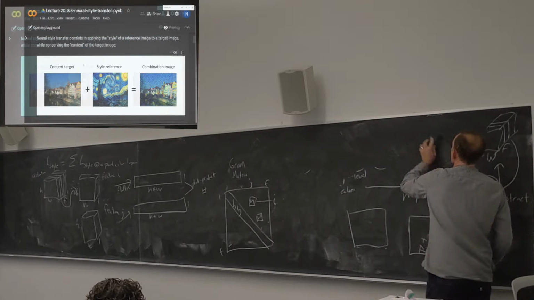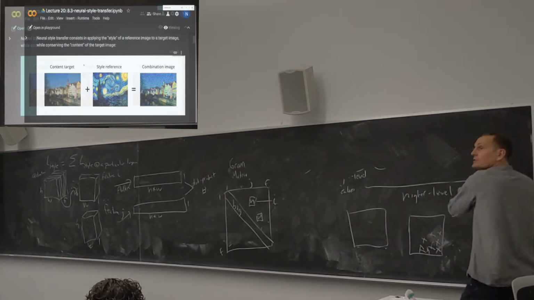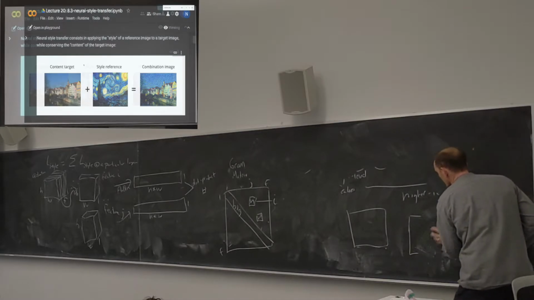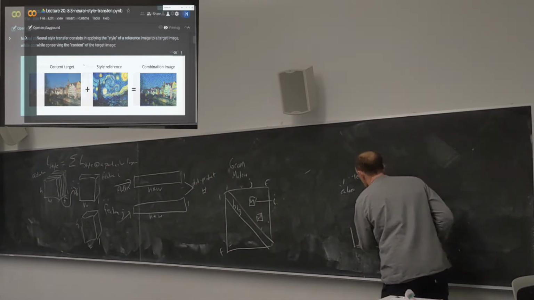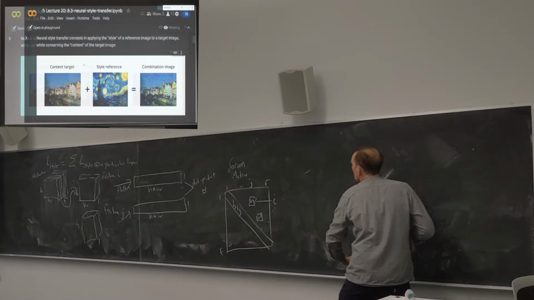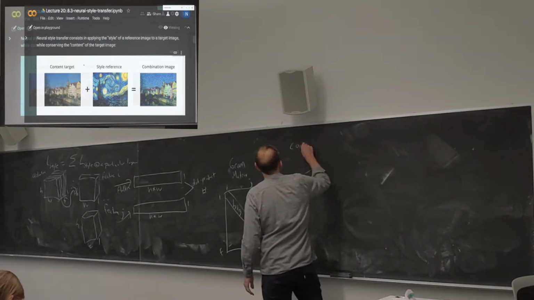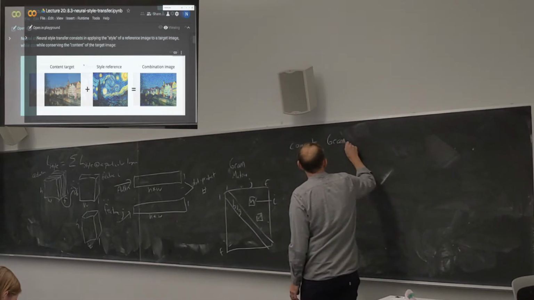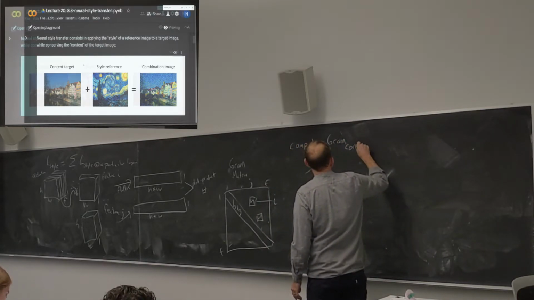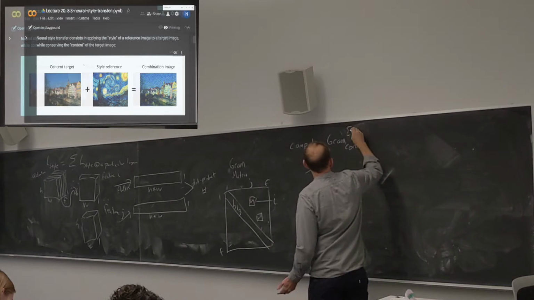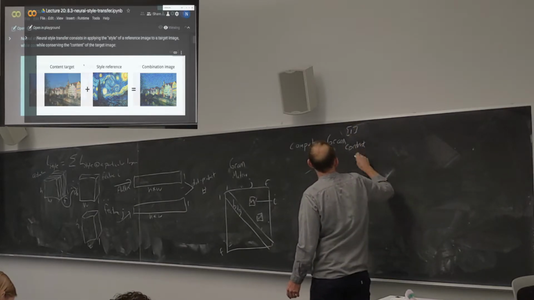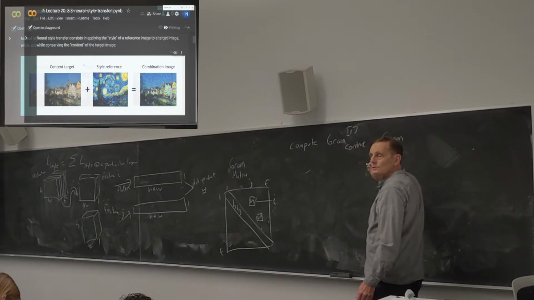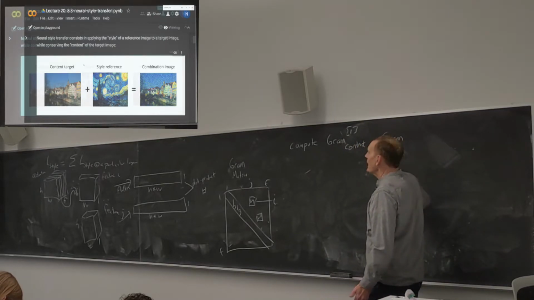Really, we're computing the Gram matrix for the activations in a particular layer for our two images. So we compute, let's just call it, Gram of content at layer 1 and Gram of style at layer 1.